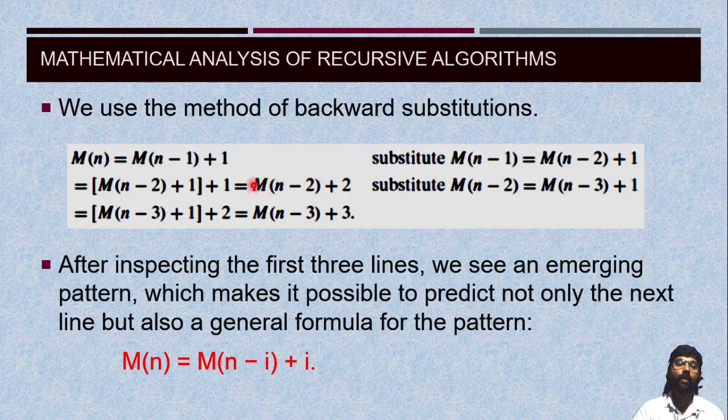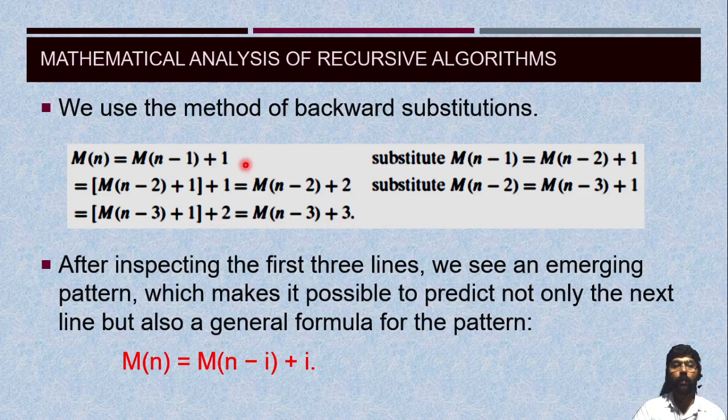Again, you apply the formula: m of n minus 2 is m of n minus 3 plus 1. You get m of n minus 3 plus 1 plus 2. The final result is m of n minus 3 plus 3.